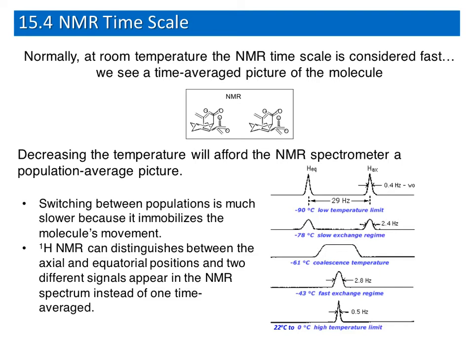For example, if you run NMR at high temperature for cyclohexane, the NMR will see a single peak for both equatorial hydrogen and axial hydrogen. Now, as we decrease the temperature, the chair flip is happening slower and slower. Therefore, it gives time to the instrument to distinguish between the hydrogen equatorial and hydrogen axial, and we are going to see two separate peaks for them at very low temperature.